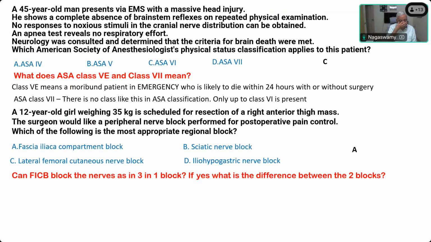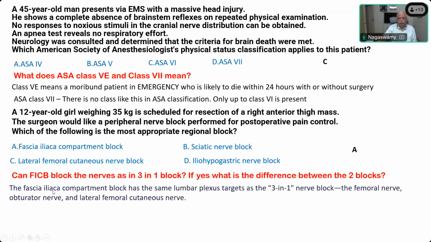So this is the same as that. LFCN is not blocked in fascia iliaca, is it? No, sir. Then how can the postoperative pain be managed, because the pain is in the anterior thigh mass? That also will block all the three.